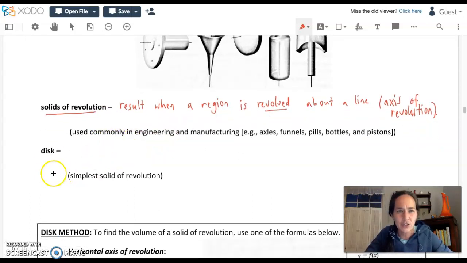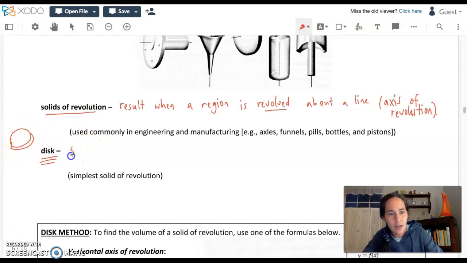Used commonly in engineering and manufacturing, the method we're going to use today is called the disk method. I think of a CD, like a compact disc, that has a little height to it, right? So it's a little thin cylinder here. And while a CD has a hole in the middle, we'll get to that later, this is going to be a solid circular shape like that.